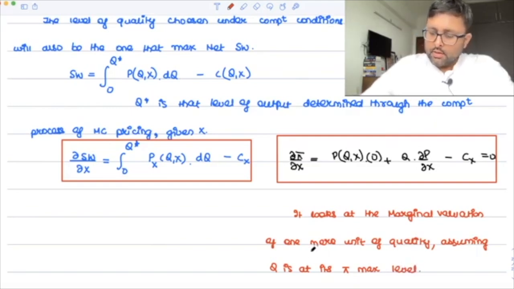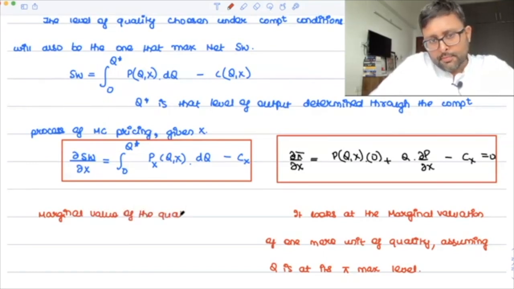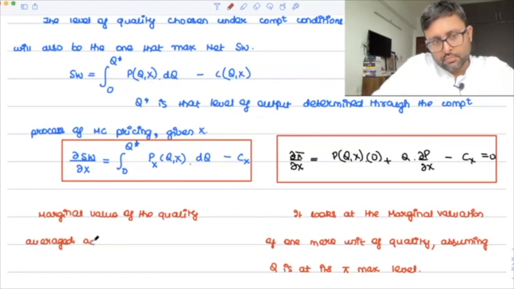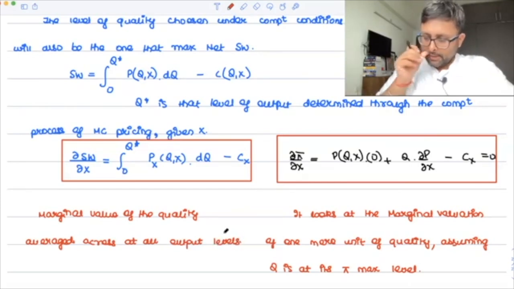Right. And this is the marginal value of quality, which is averaged across all units, at all output levels. Averaged across all output levels, right?